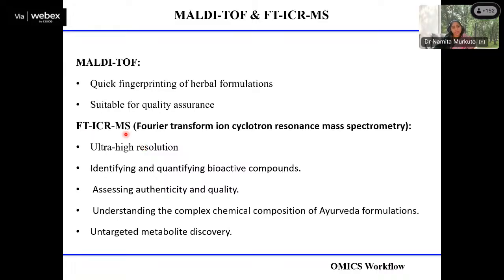And FTICR-MS, Fourier transform ion cyclotron resonance mass spectrometry, has high resolution for identifying and quantifying bioactive compounds, assessing authenticity and quality, and understanding the complex chemical composition of Ayurvedic formulations, and is used for untargeted metabolite discovery.